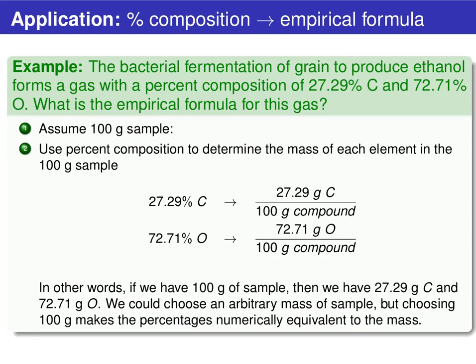In this example, we're examining the bacterial fermentation process of grain to produce ethanol. Whether you're making wine or beer or whatever in fermentation, this basic process occurs where you're breaking down complex compounds and you're getting a product that is comprised of 27.29% carbon and 72.71% oxygen.